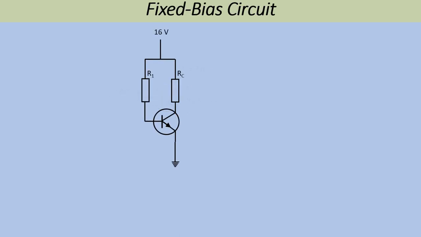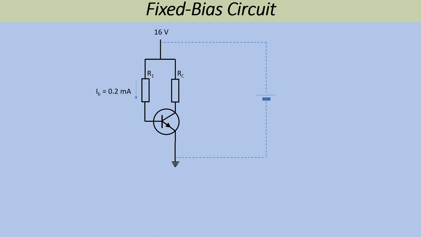Now the fixed bias circuit uses a very simple arrangement of two resistors. One I'm going to call R1 and the other's RC. The RC is in the collector of the circuit, and we need to remember that this transistor is being biased by a power supply, which effectively is a battery between the upper rail, the 16 volt rail in this case, and earth.